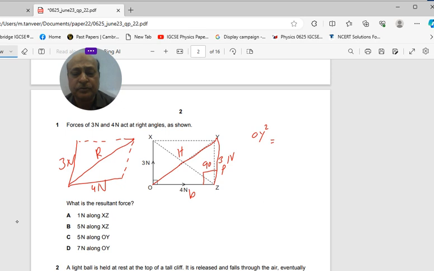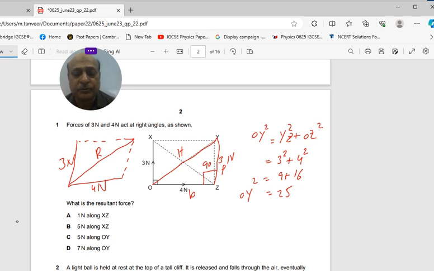Hypotenuse square equals perpendicular square plus base square. So this is 3 Newton, 3 square, plus this is 4 Newton, 4 square. So it becomes 9 plus 16, 25, which is OY square.